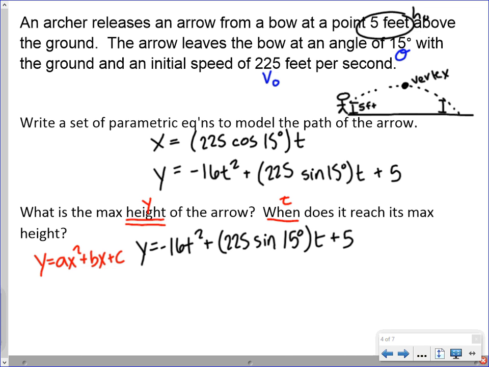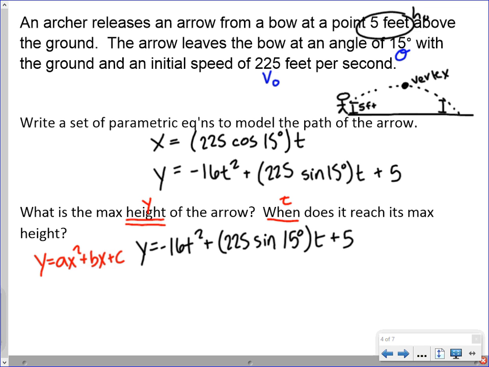So I can easily identify in my parametric equation that a is -16, b is 225 sine 15, and c is 5. So my big question to you is, do you remember how to find the point we labeled the vertex using a's, b's, and c's?